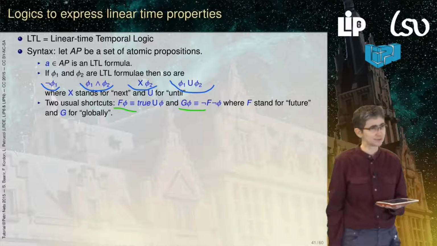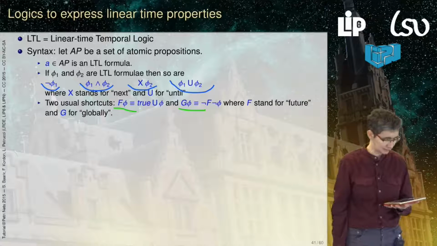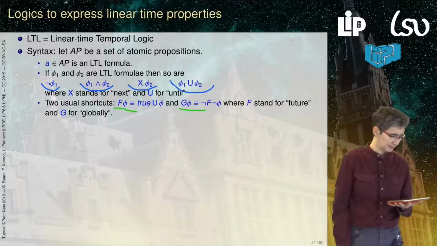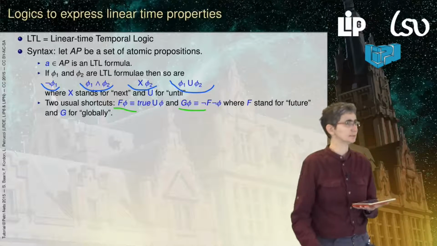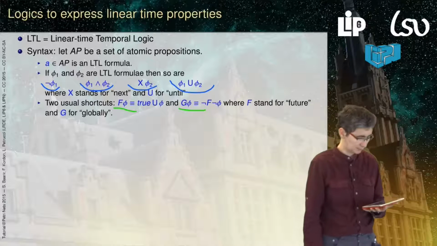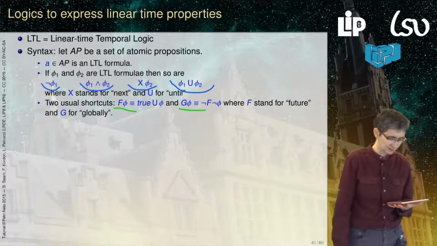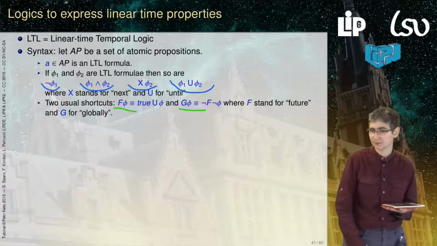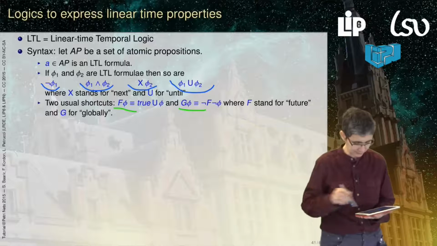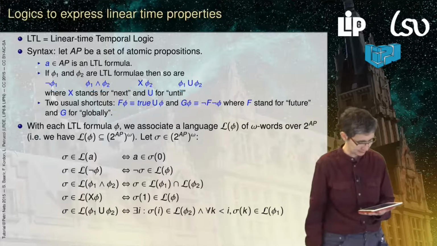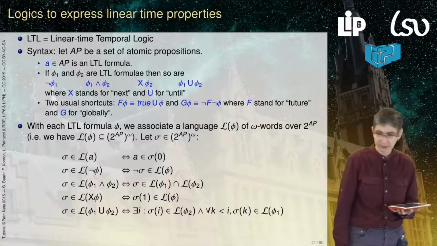So F stands for future and G for globally. Basically F says something will be true in the future, while G says that something is globally true. We'll see how it can be depicted next.